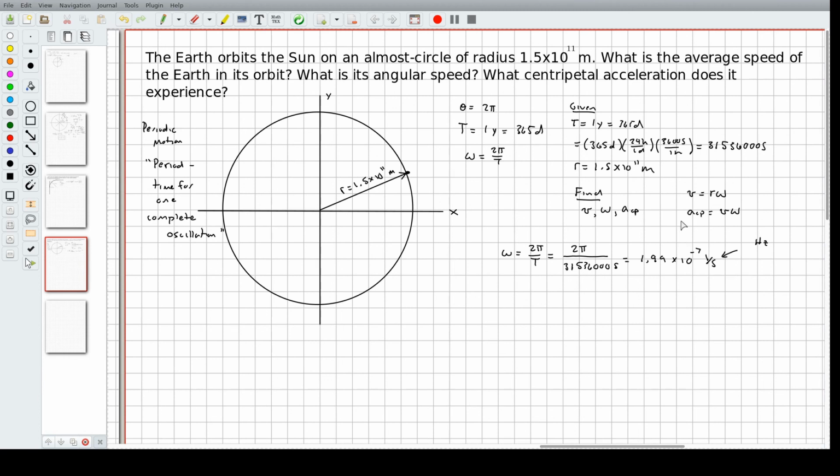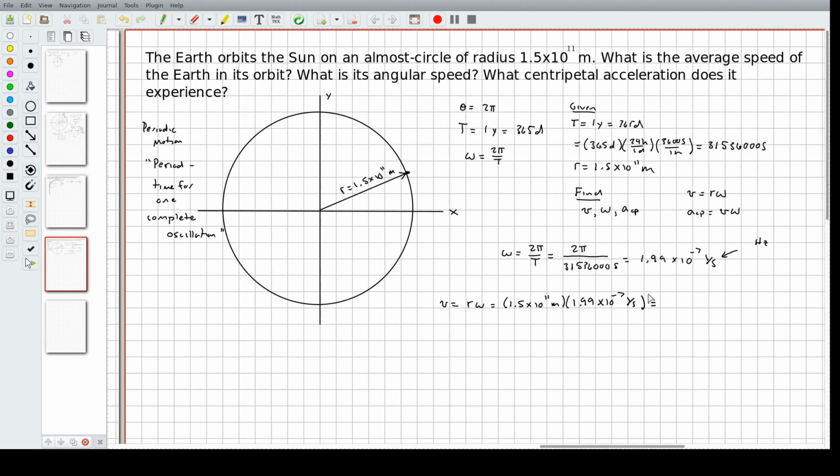That said, though, knowing this, we have the tools that we need in order to find the rest of the stuff. Our tangential velocity, which is the speed this thing has as it goes around the circle, is r times omega. 1.5 times 10 to the 11th meters times 1.99 times 10 to the minus 7th radians per second.